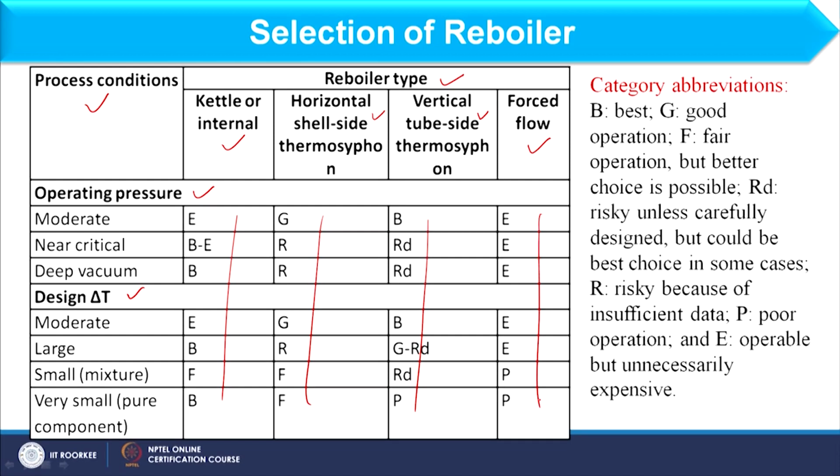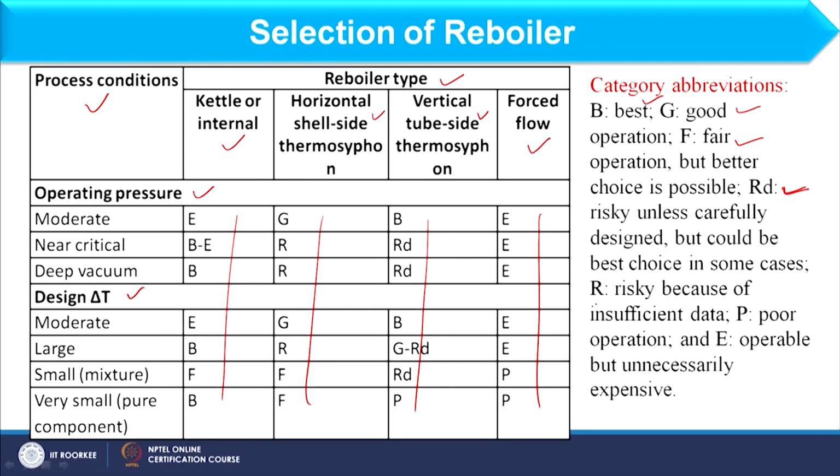If we elaborate this, B stands for best. It means the reboiler gives best performance. G is for good operation, F for fair operation, but better choice is possible. Similarly, RD is risky unless we have designed it carefully.